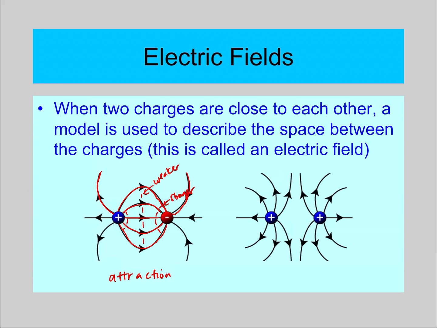When the charges are the same, meaning two positives or it could be two negatives, we're going to have a force field that's going to indicate repulsion. So in this case, you can see the lines are still going to point away from the positives, but there's going to be an area where there's no interaction at all, and it's almost like a void.